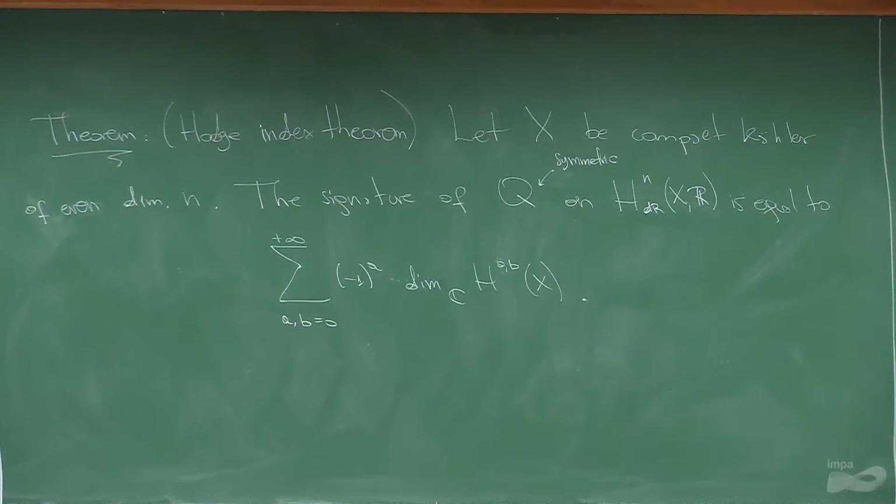And this is just (-1)^a i h_n by i^n. Right, so we know that the sign of this form is exactly (-1)^a on each H^{a,b} prime part of this decomposition. And so we can compute its signature.